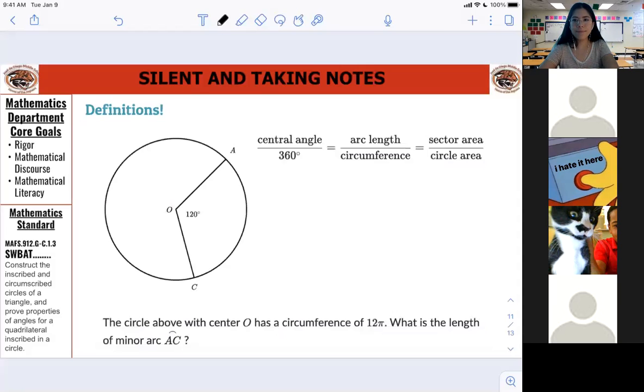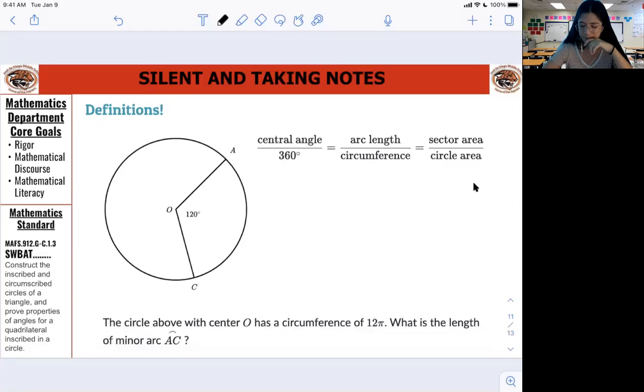It is a triangle. Oh my God, I know what it is.